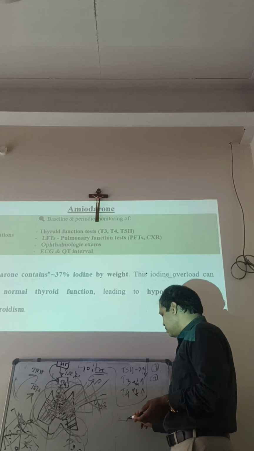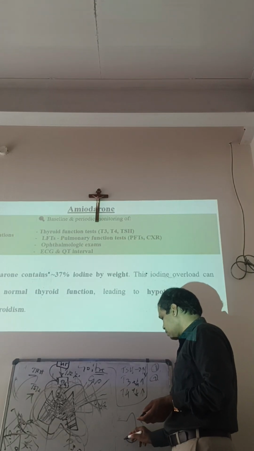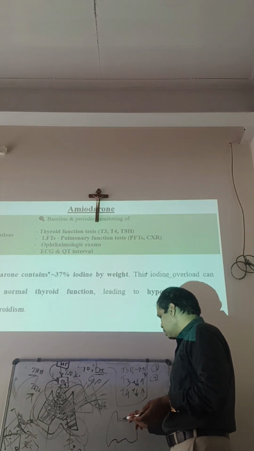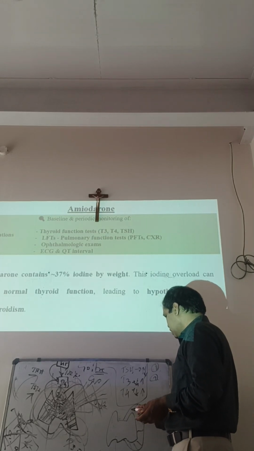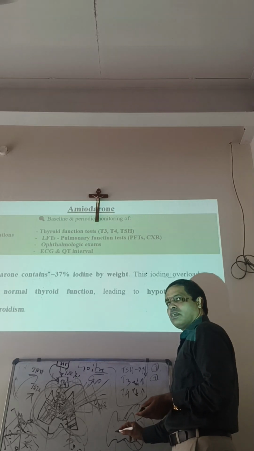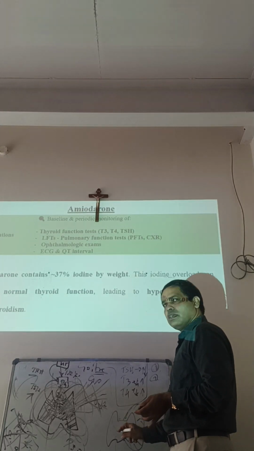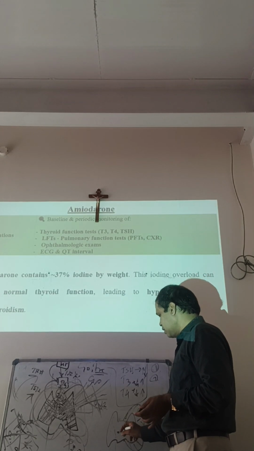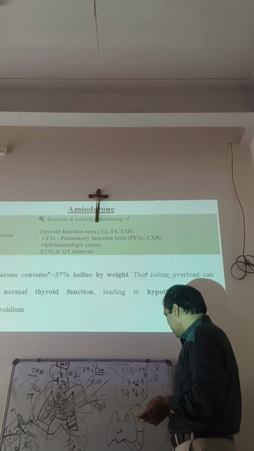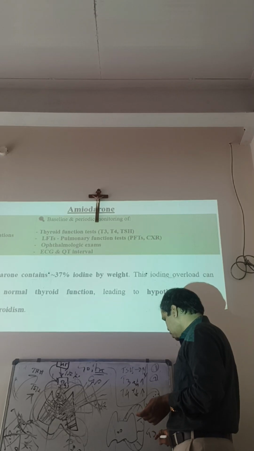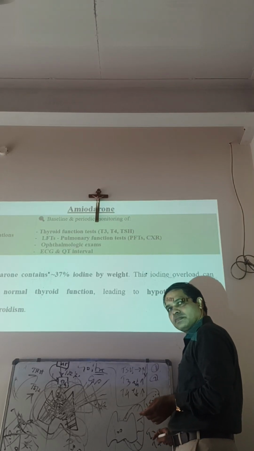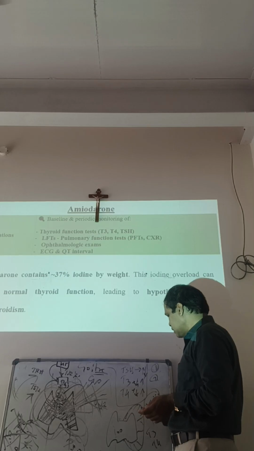Whereas in case of cancer, this is the gland, and this has become carcinoma, cancer. Normally T3, T4 are produced at 100% here, but because of cancer it is producing 150%, for example. So what about T3, T4? This extra is there.